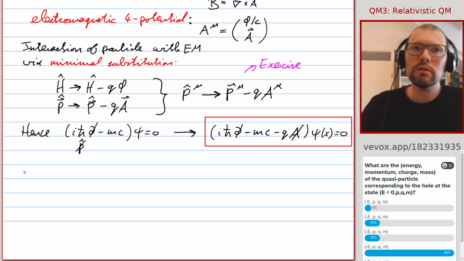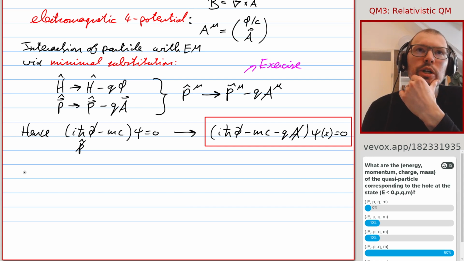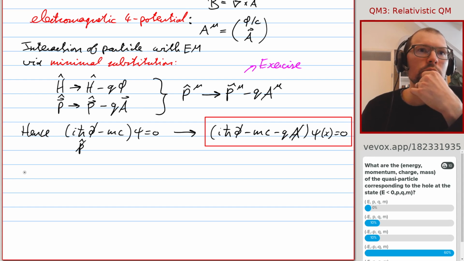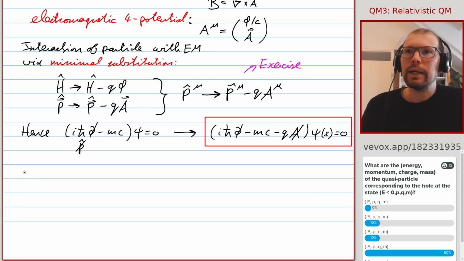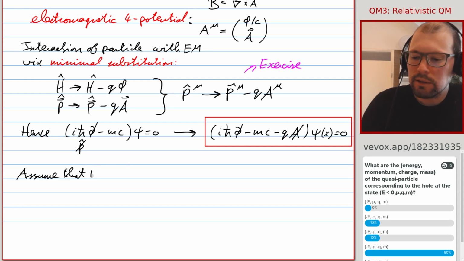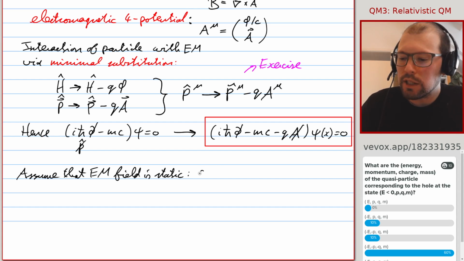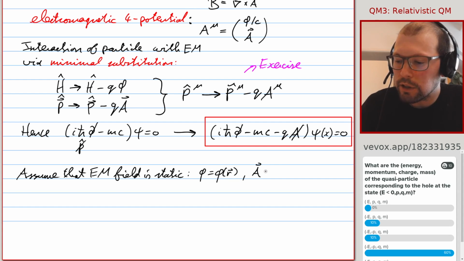Now, in order to find the interaction of the spin of the particle with the magnetic field, there is no need to look at fully dynamical electromagnetic fields. So we can safely assume that the electromagnetic field is static. So this means that the scalar potential phi only depends on position, and the vector potential as well.